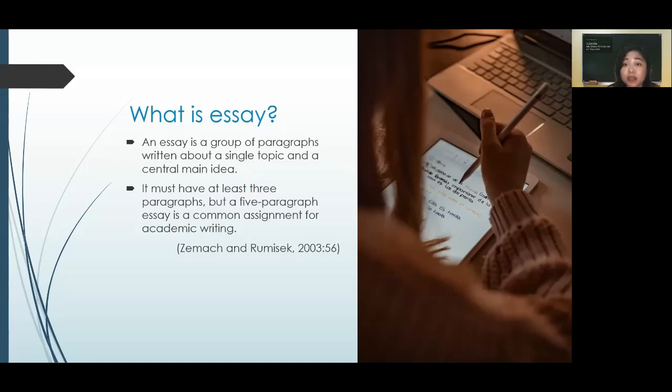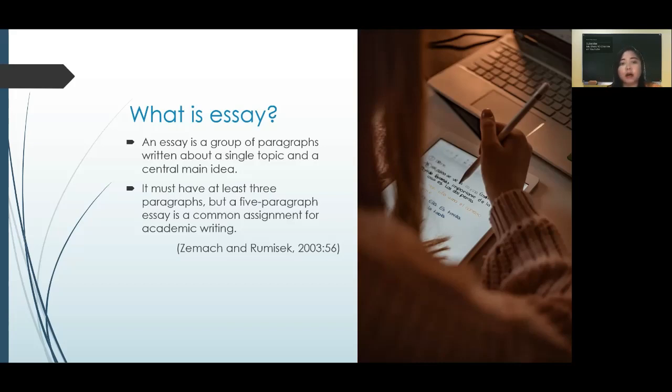Previously, a paragraph is a group of sentences, but an essay is a group of paragraphs. They also talk about a single topic and one central main idea. The difference is that a paragraph is a group of sentences, but an essay is a group of paragraphs. Take note of that.